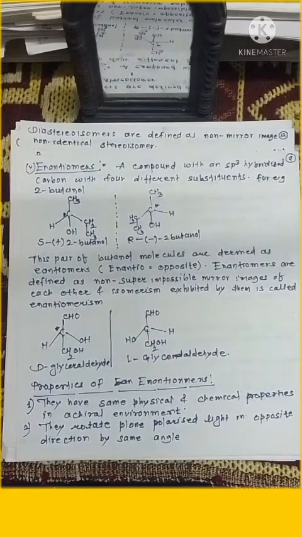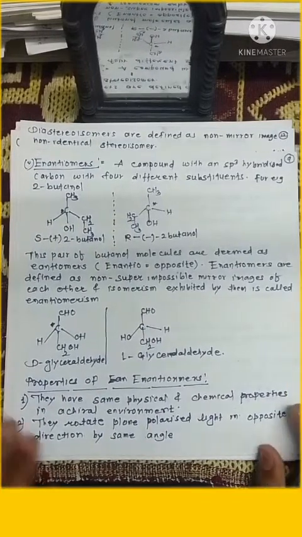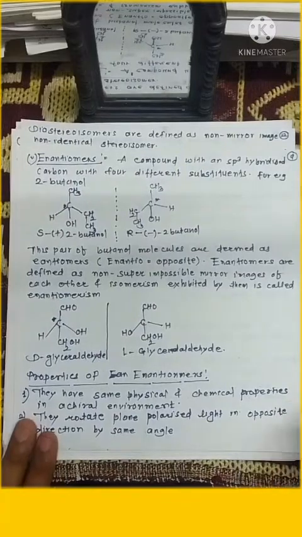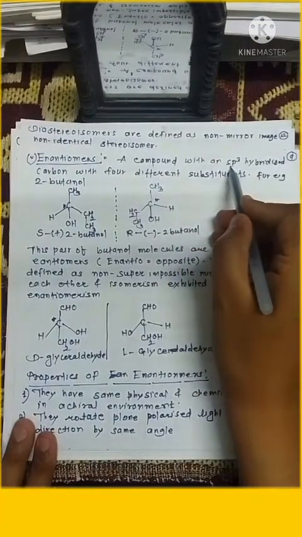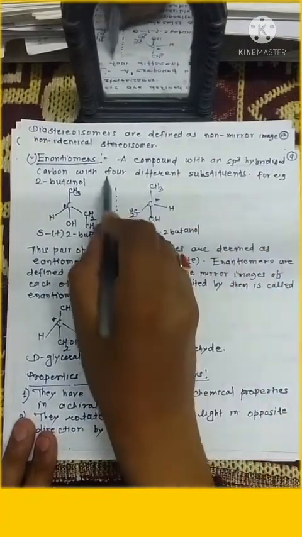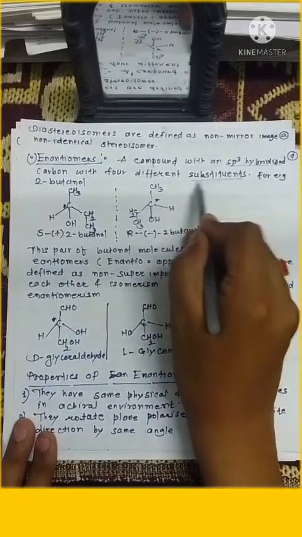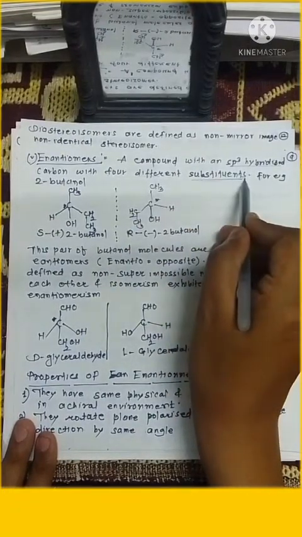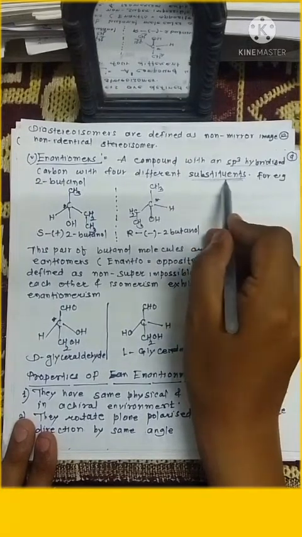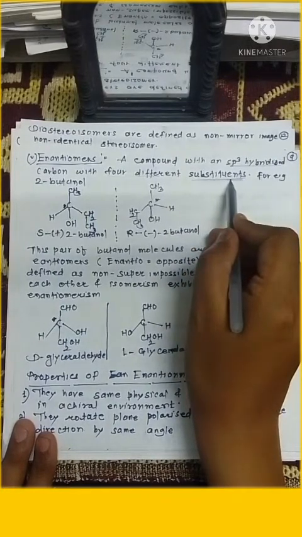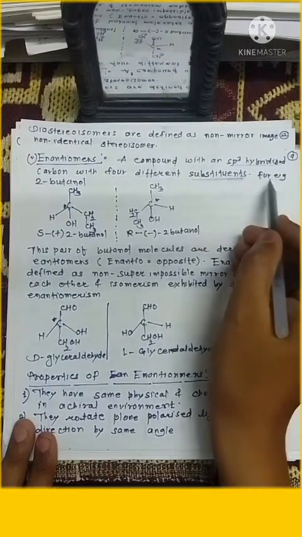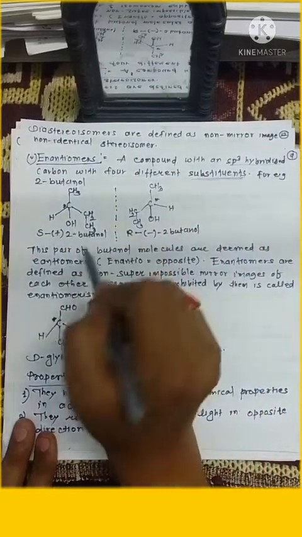Now we are going to see what is meant by enantiomers and what is meant by enantiomerism. A compound with an sp3 hybridized carbon with 4 different substituents is called a chiral compound. For example, 2-butanol.